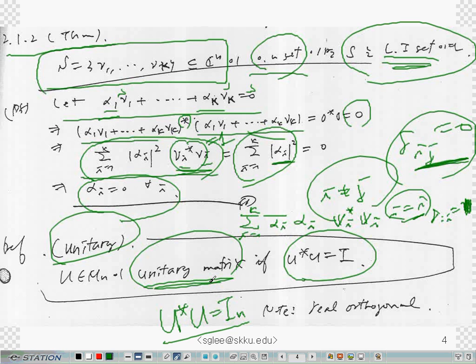When U is a real matrix, then this turns out to be this way, which gives us the definition of a real orthogonal matrix. So this is a generalization of the real orthogonal matrix to the complex field.